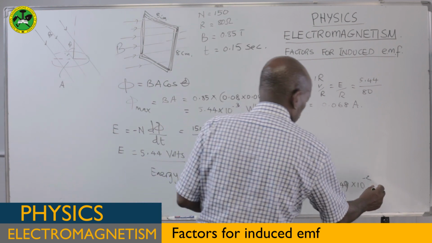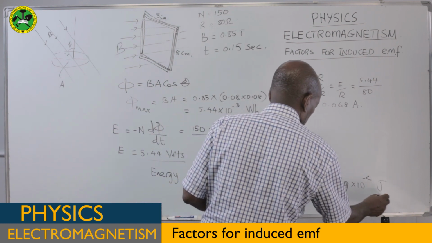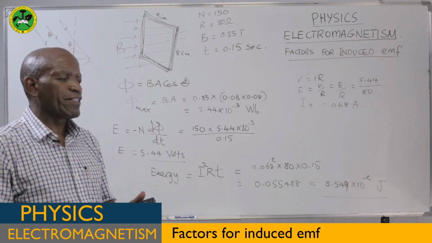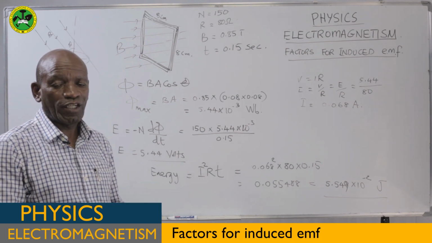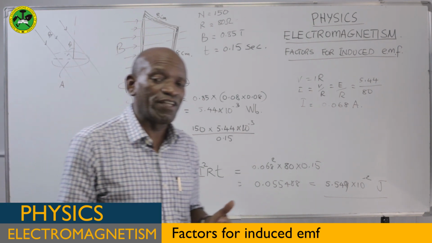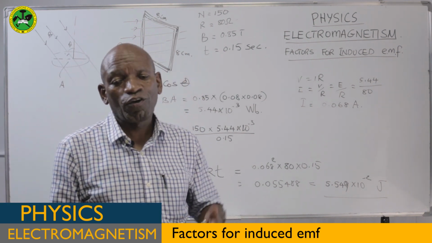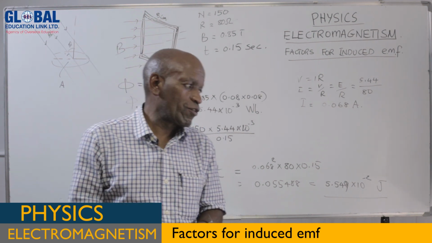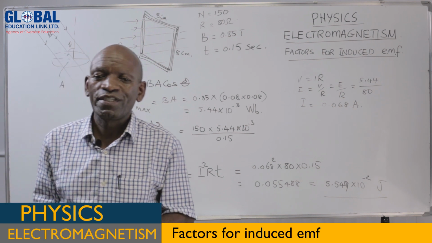This is the energy, measured in joules. So this is the energy that is dissipated in the coil. You can even feel this energy as the temperature of the coil. The coil develops some heat, and that is the heat dissipated in that way.